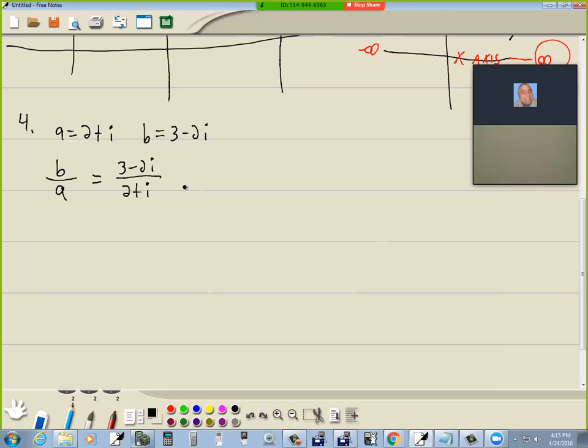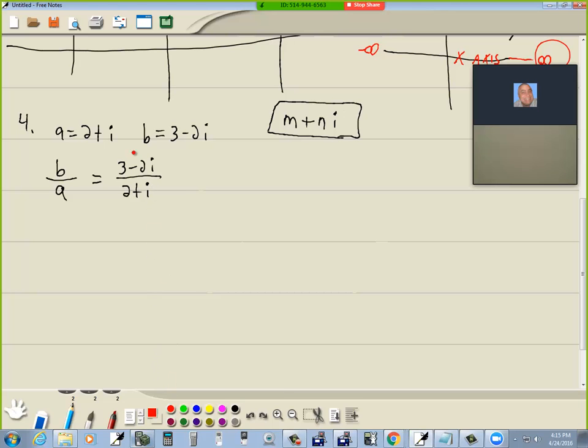Now, our standard form looks like this. Although they use a and b, let me choose different letters. m plus ni. This is our standard form. This is the only way we can write our complex numbers. So we cannot have an i trapped in the denominator. So that's what's wrong with this.